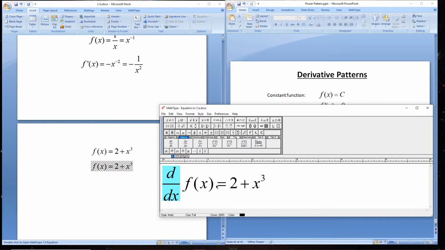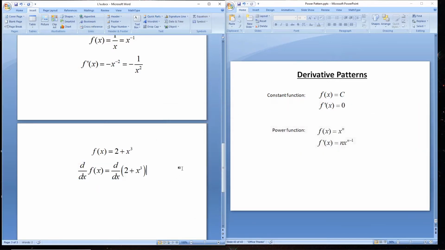And so this is what I will stick on both sides. d over dx is an instruction saying we're going to take the derivative with respect to this x. And so this is the notation of taking the derivative of both sides.